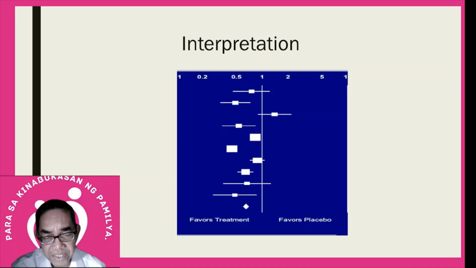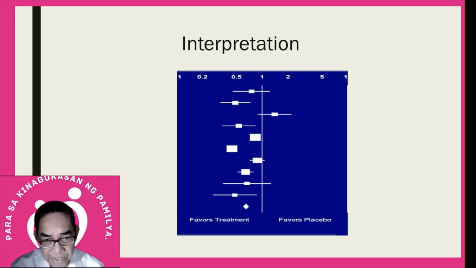So from 0.8 to 2.1, the range includes the null value. We call this also the line of unity. So if this range touches the line of unity, which is 1, then the relationship is not significant. This one is significant, and this one has its lower limit and upper limit.